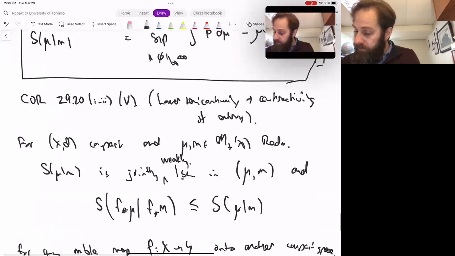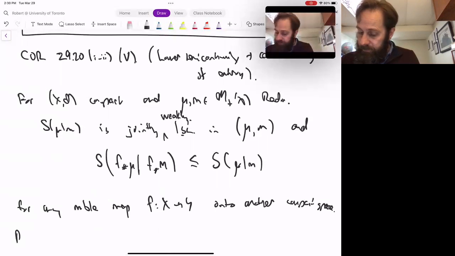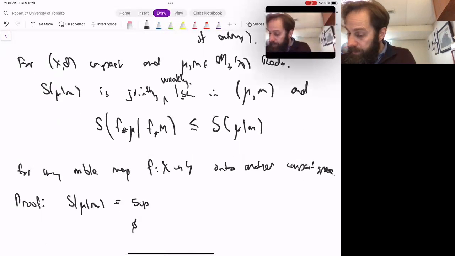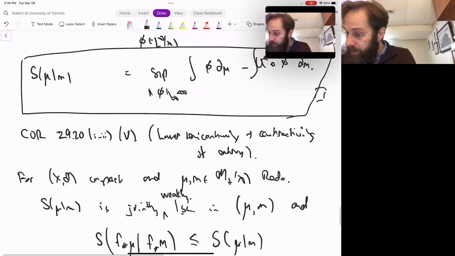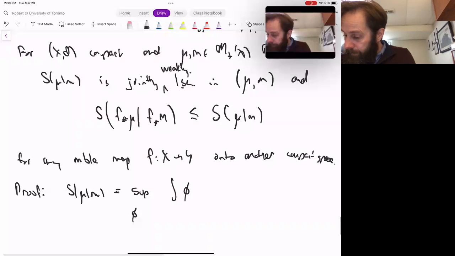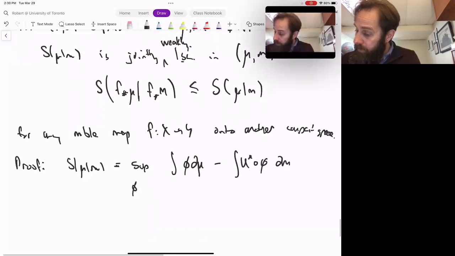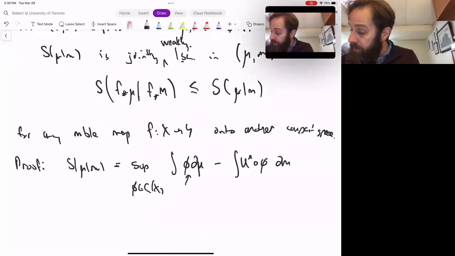So let's do the proof of the lower semi-continuity first. What did we have? We had the integral of phi d mu minus u star composed with phi dm. So as long as phi is continuous, then this term here is lower semi-continuous with respect to mu.